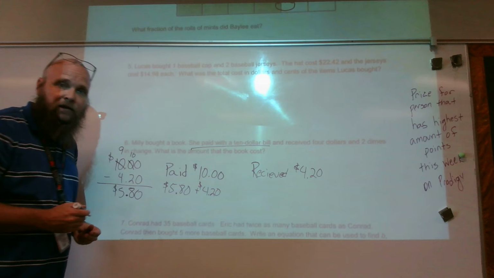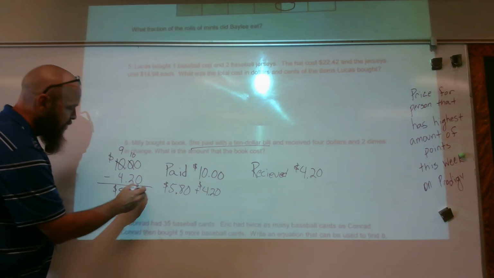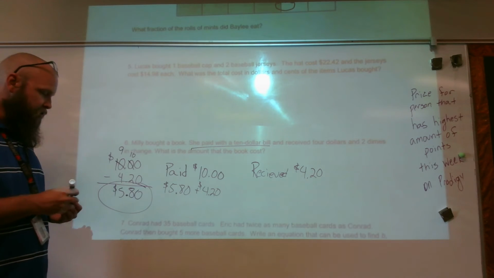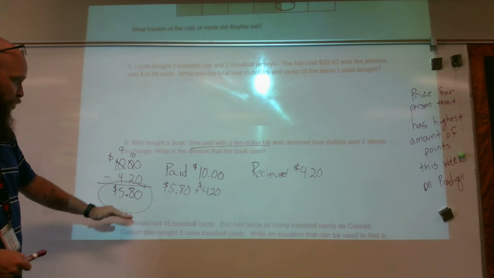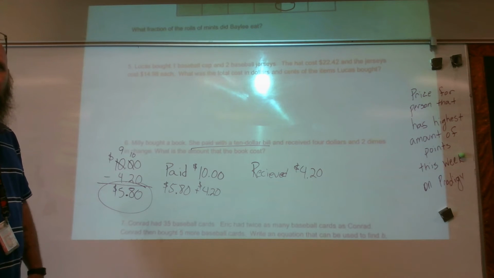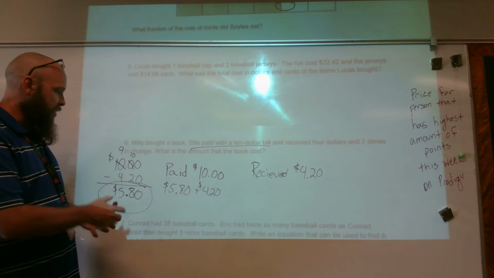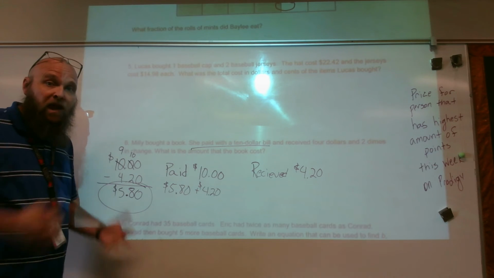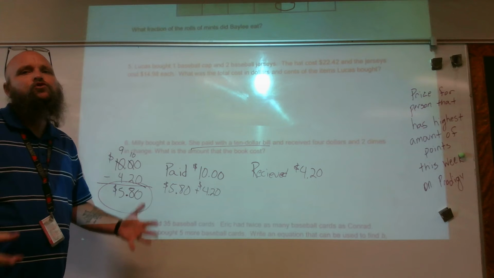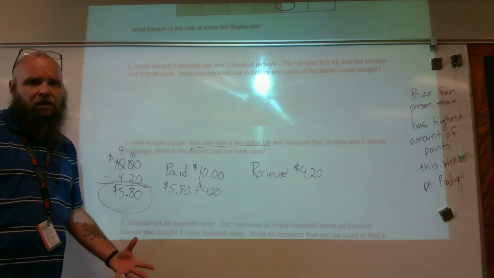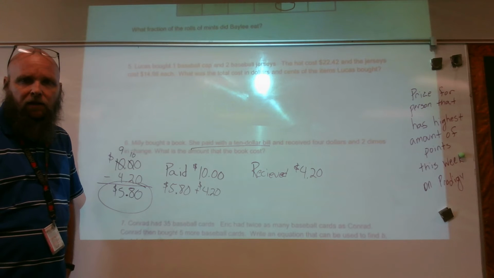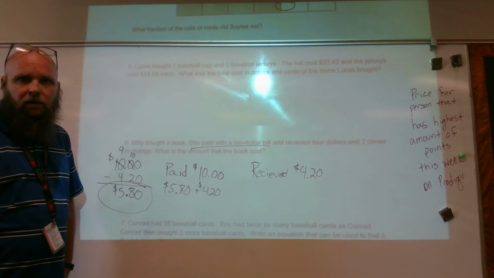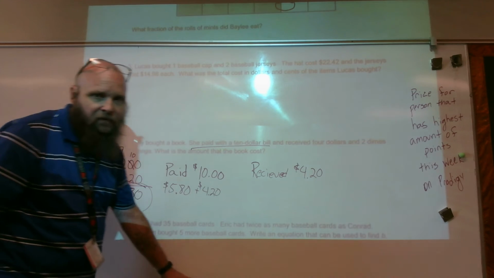If that equals $10, then we're correct. Our correct answer is $5.80. A lot of you just brought that 20 down and made it $6.20. But you can't take 2 dimes from nothing. I promise you, in my pocket is nothing. I can't give you 2 dimes if there's nothing in there.